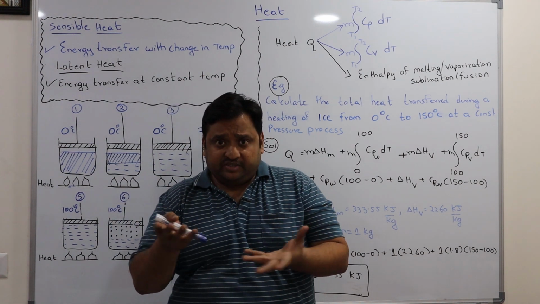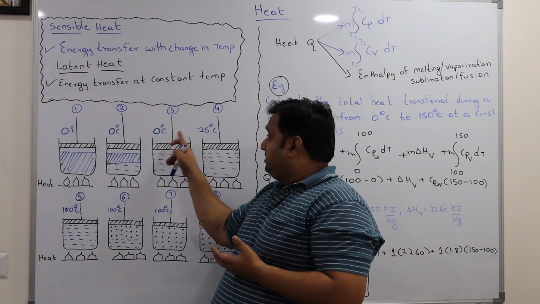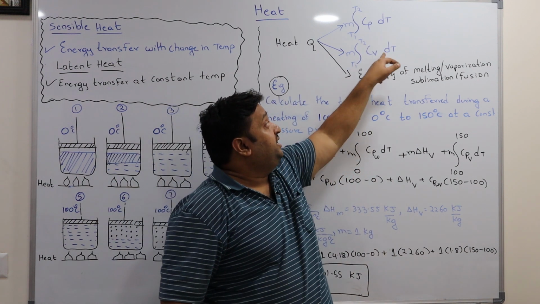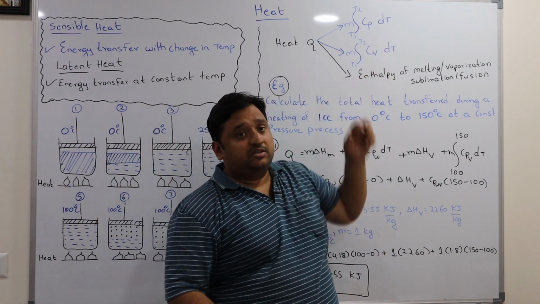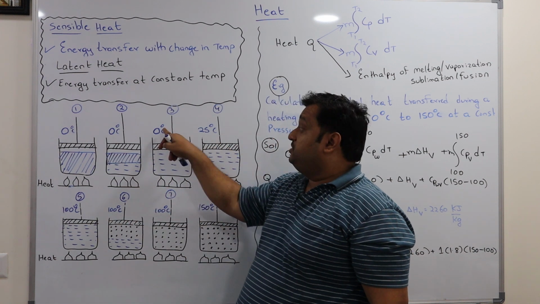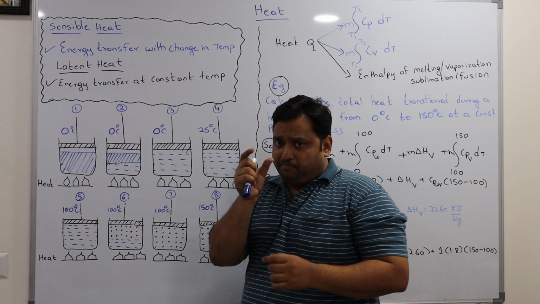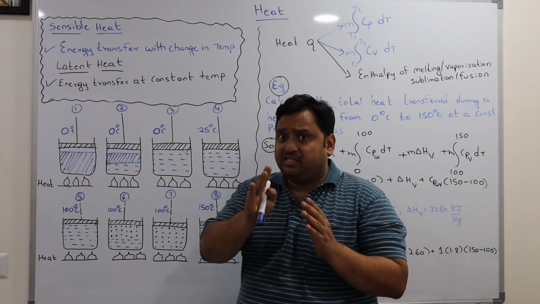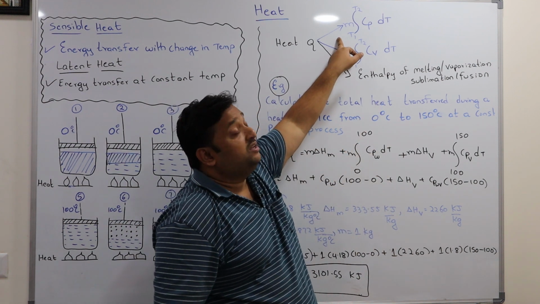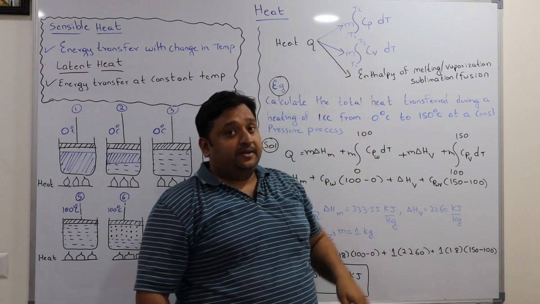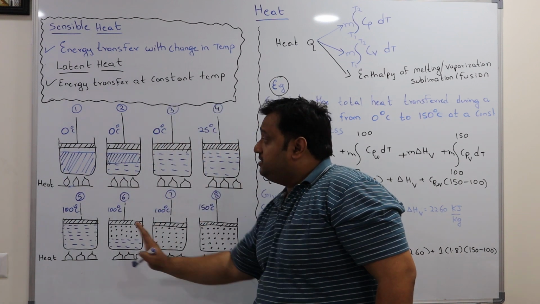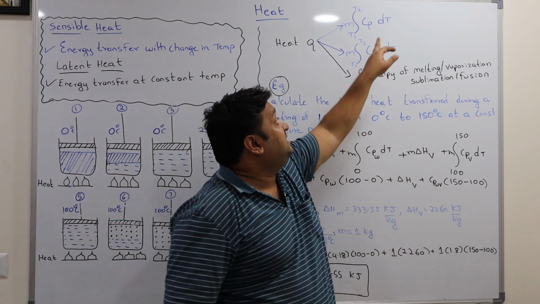As we just discussed, wherever the change in temperature is observed, everything goes to these 2 formulas, because here if you supply the heat, the temperature is changing from 0 to 25. By observing how much the temperature has been raised, you can calculate mCp dT. If the entire process happens at constant pressure, you take Cp.